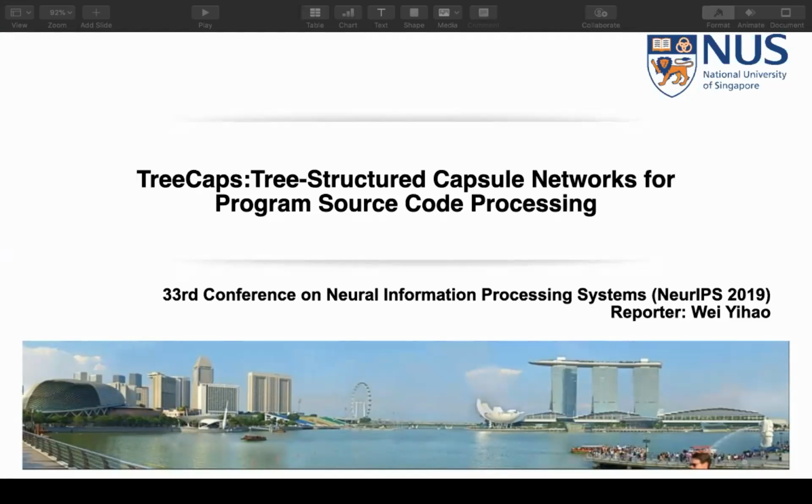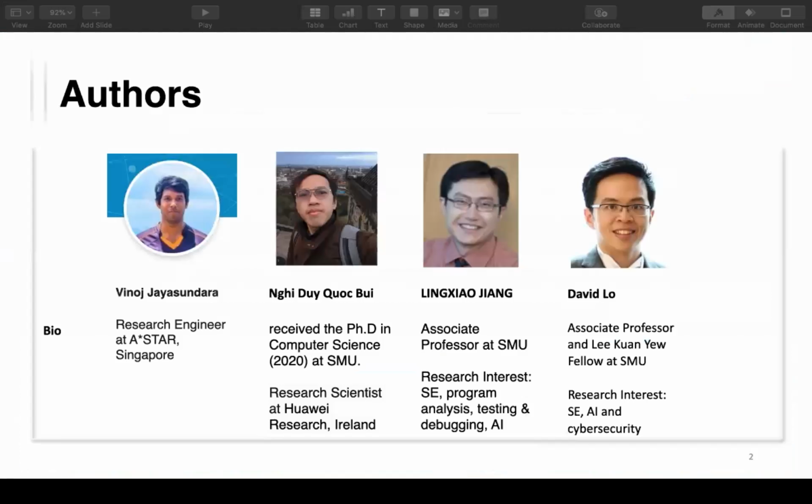Hello everyone. Today I'm going to present the paper TreeCaps, tree-structured capsule networks for program source code processing. It was presented at the 33rd Conference on NeurIPS in 2019. The authors are from A*STAR in Singapore and from SMU.